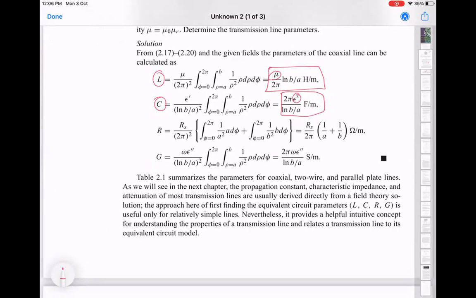And in connection with free space, when you push this to the limit of free space, these become basically mu naught and epsilon naught. So these geometric factors, especially if this was a coaxial cable with no dielectric, it was free space, then this would be just mu naught. Now, in most cases, mu is always mu naught because we are not working with magnetic materials, and only the dielectric constant will come in.